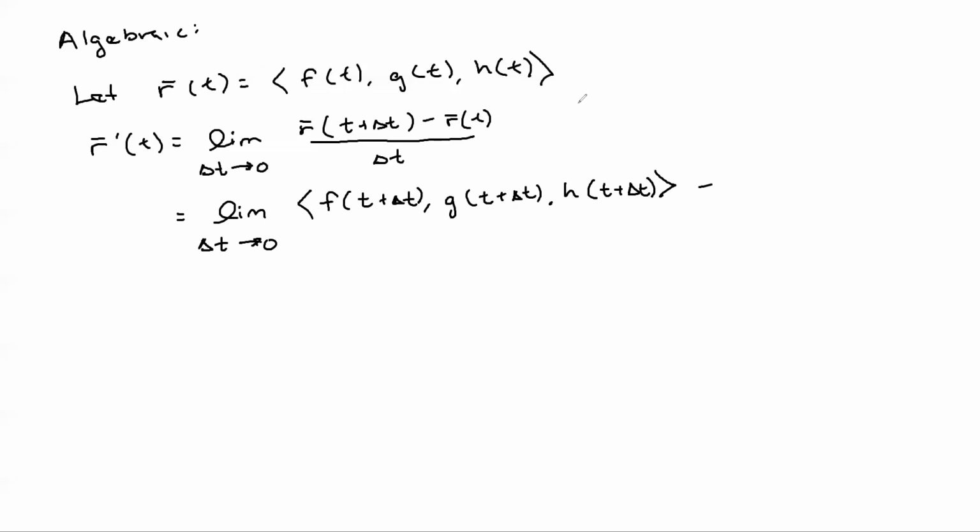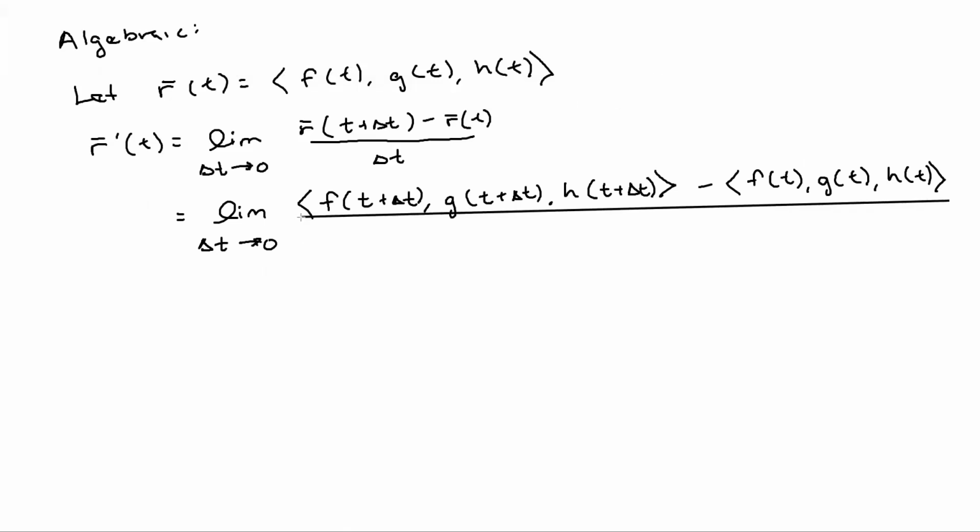So we get f of t, g of t, h of t. Okay, and then let's actually use the line tool here. Hard to draw a straight line that long using the writing tablet. And then we have change in t in the denominator.